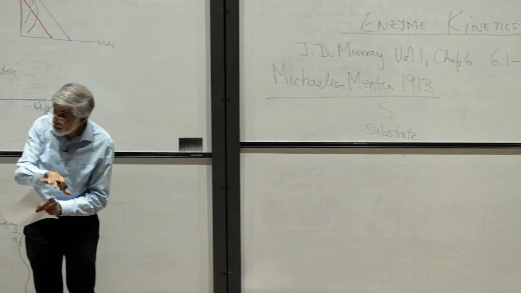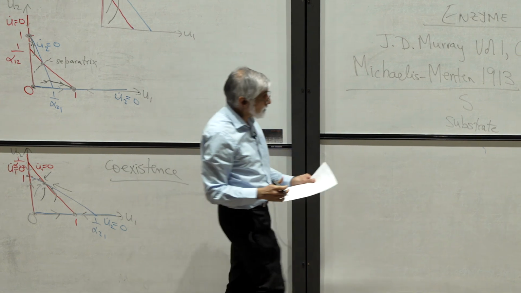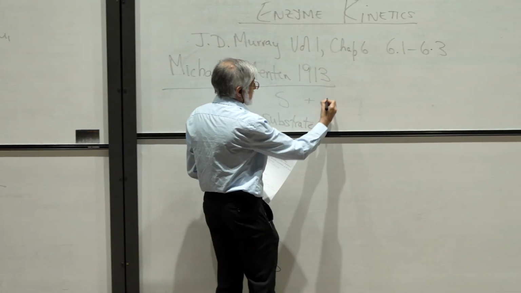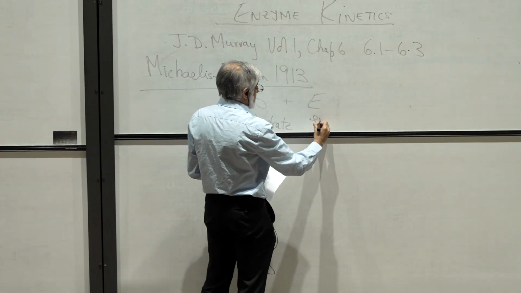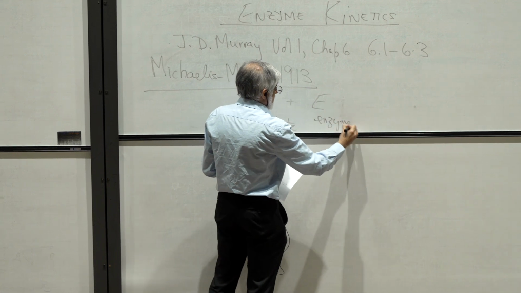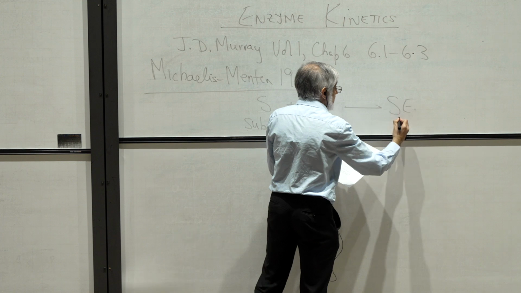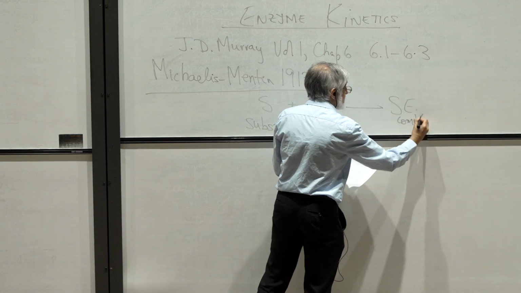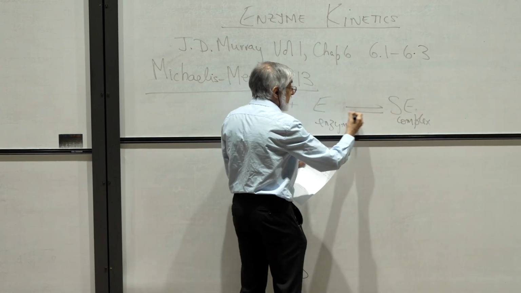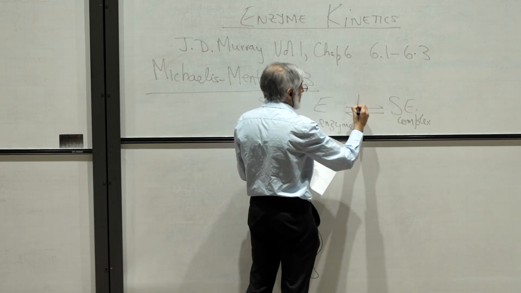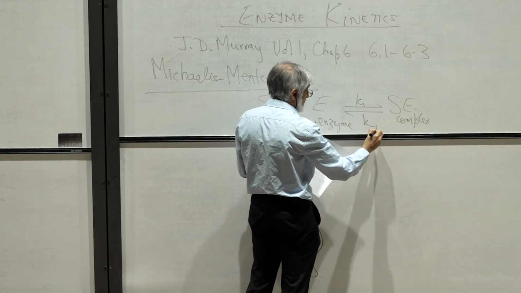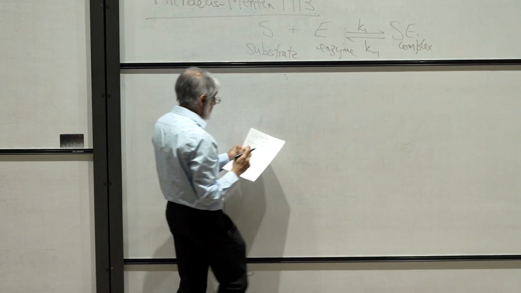And the enzyme helps it to turn into that something. So the enzyme binds to it, giving you a complex. It can also unbind, and we'll put some letters here, K1 and K-1. I'll come back to them in a minute.